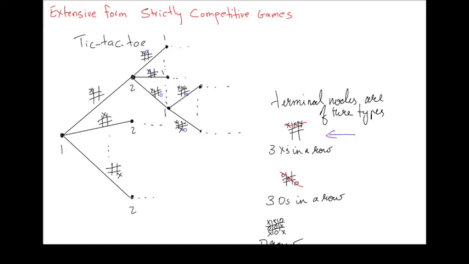At these terminal nodes, 1 wins, and at these terminal nodes, 2 wins. Of course, player 1 prefers when player 1 wins to drawing, and prefers drawing to player 2 winning. Similarly, player 2 prefers 2 wins to draw to 1 wins. And so clearly this is a strictly competitive game, and we've seen that it's a finite, extensive form game.